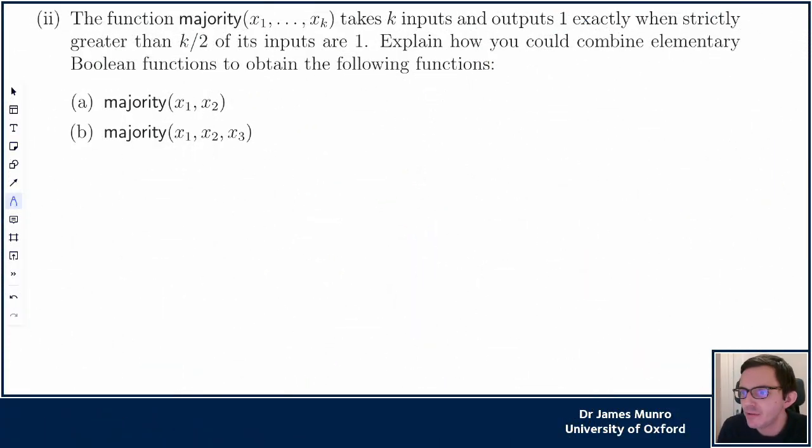Okay, now we're going to build something called a majority function. It takes k inputs, and it returns 1 exactly when strictly greater than k over 2 of its inputs are 1. How can we make functions like this? So majority of x1, x2 is 1 exactly when strictly greater than 1 of its inputs are 1.